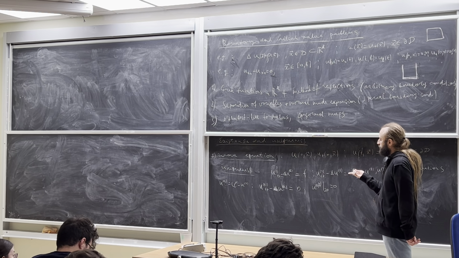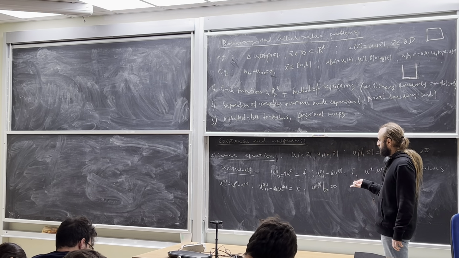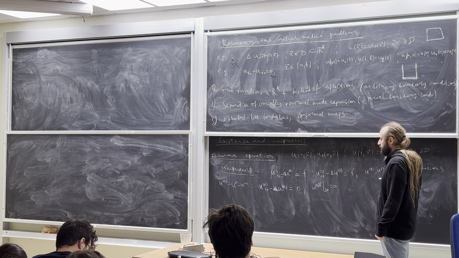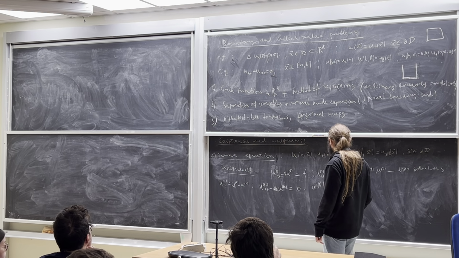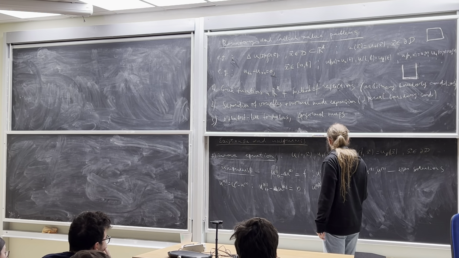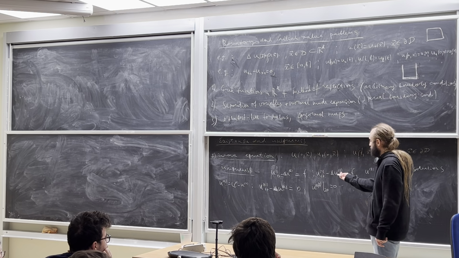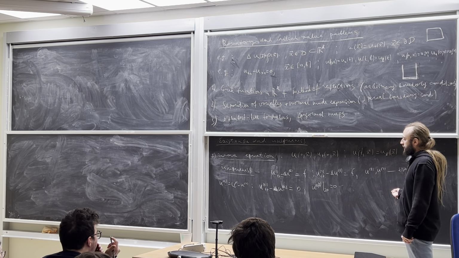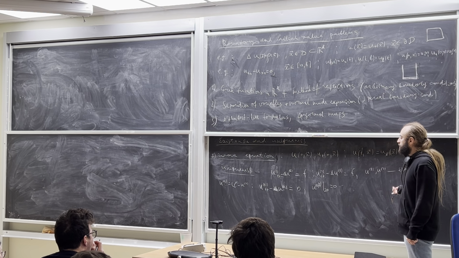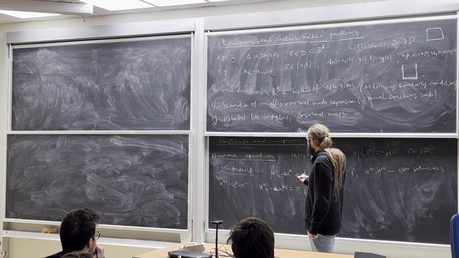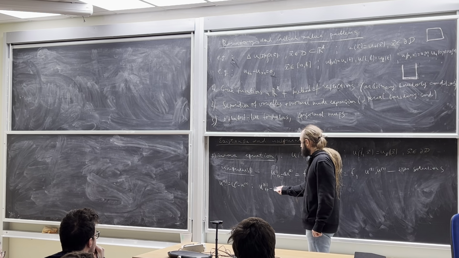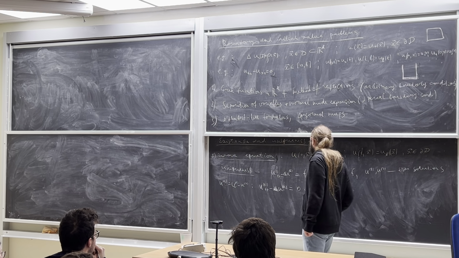So this difference solves the equation with zero right hand side and with zero boundary and initial conditions. So all these conditions are zero. And to prove uniqueness, we need to show that this solution should be identically zero.